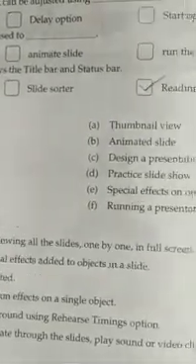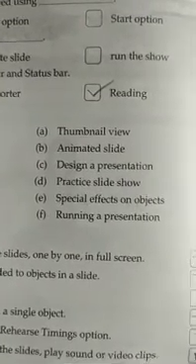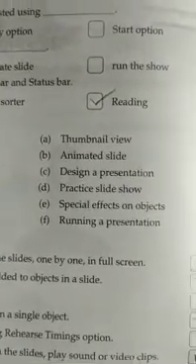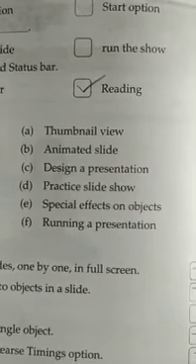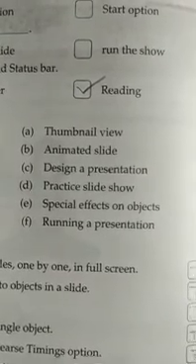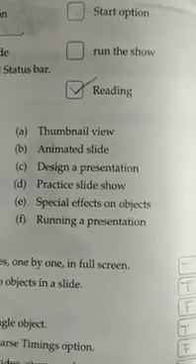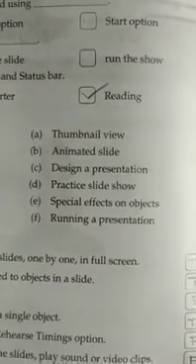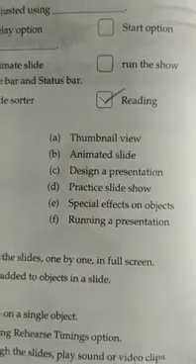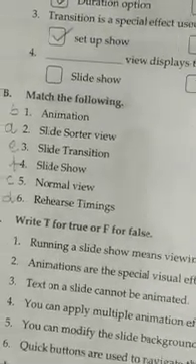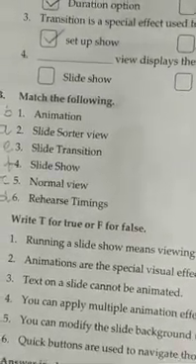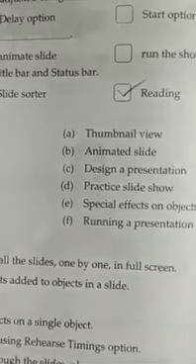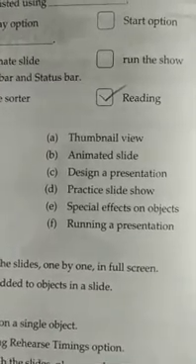So you have to see here, animations. The correct answer is B, animating slides. By doing animations we can animate the slides. We are adding special effects to make them more attractive and enhance the slides. So this is the correct one. Okay, now see the second one, slide sorter view. Slide sorter view matches A, thumbnail view.